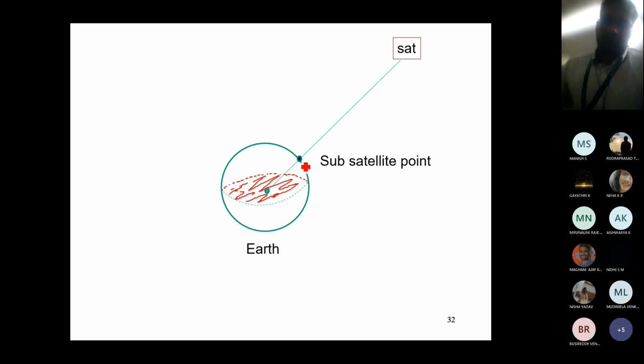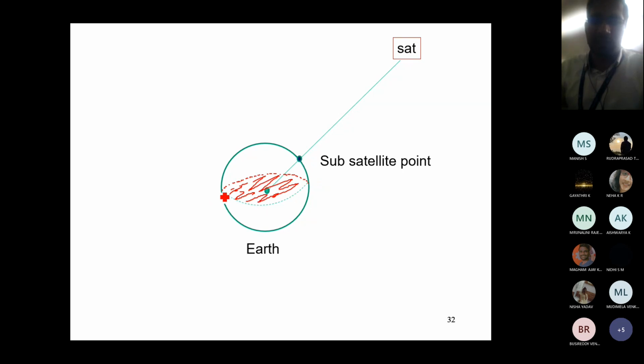And when we talk about the location of a satellite, the location of the satellite can be obtained from the location of the subsatellite point. So we can find the satellite location by the latitude and longitude of the subsatellite point. We discussed that.